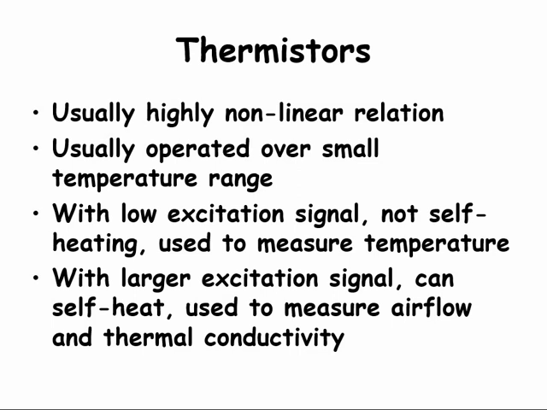Thermistors can be used to measure airflow and thermal conductivity by using a large excitation signal and monitoring the heat transfer due to airflow or conductivity. Hot wire anemometers usually have thermistors that can be used either to measure temperature or airflow.